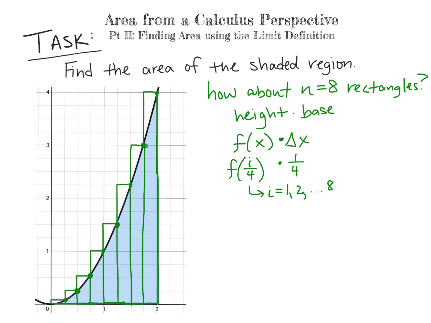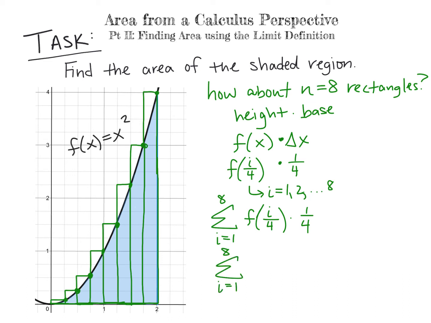This means we need to write this as a sum starting from i is 1 up to 8, so our n value is 8 this time, of f of i over 4 times 1/4. So again, this f of i over 4, where i is 1 through 8, is the height of each one of these 8 rectangles. Then the 1/4 is the base length of each one of those rectangles.